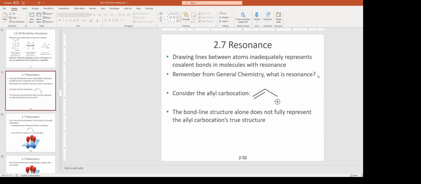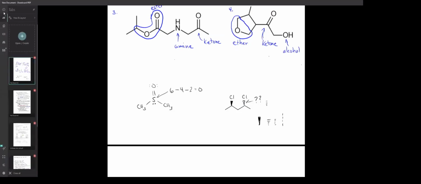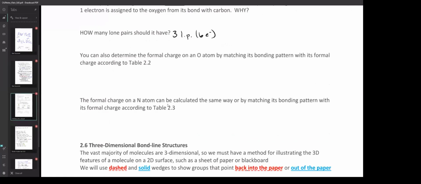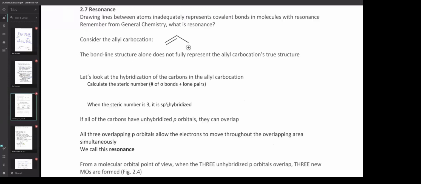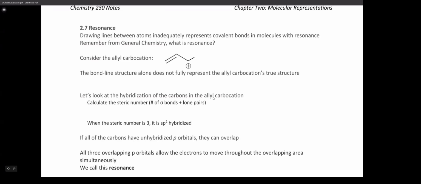Okay. So this is the allyl carbocation. I want to show a resonance structure of it. First of all, this does not totally represent the full structure. Let me draw in the hydrogens.